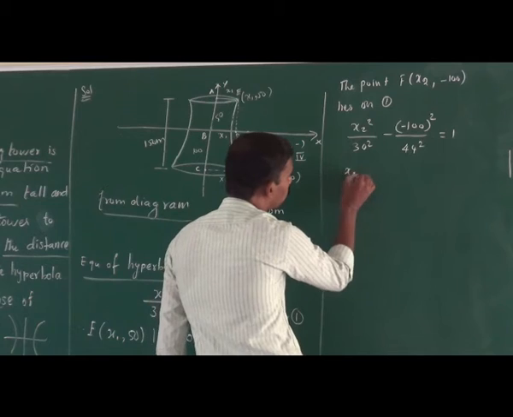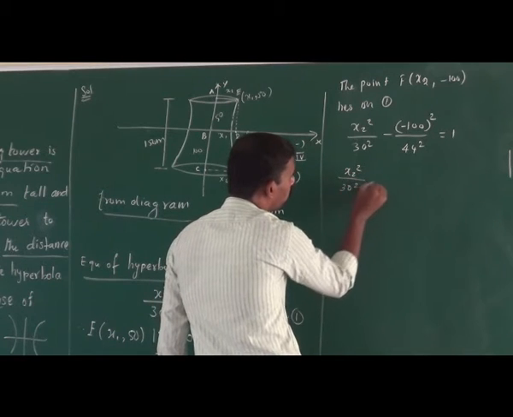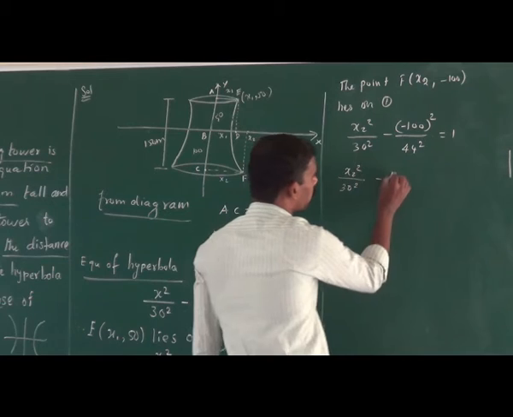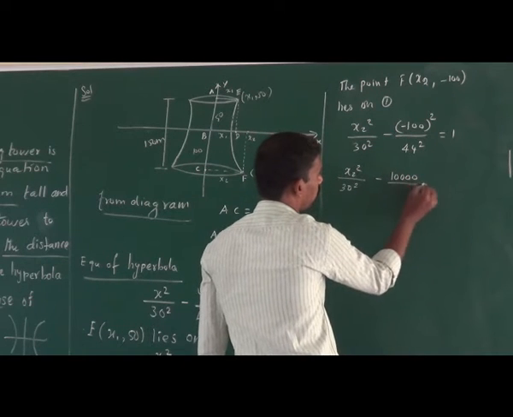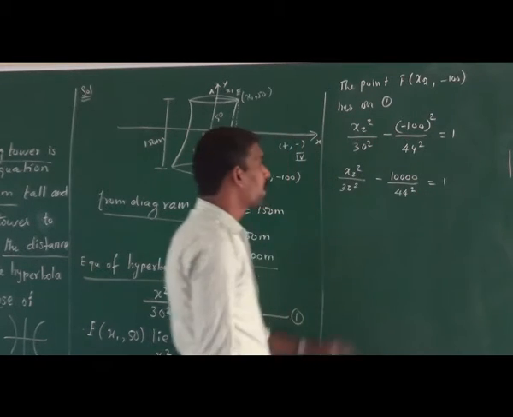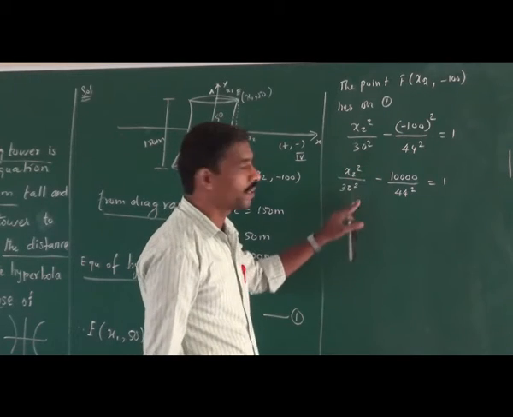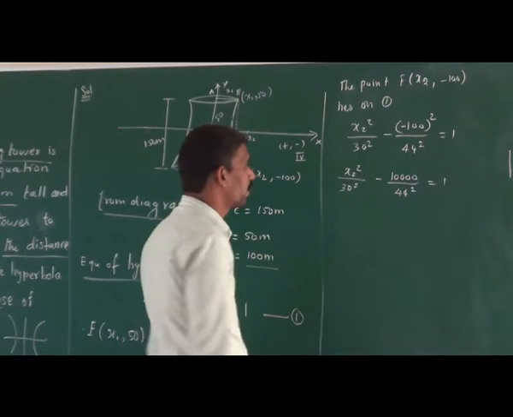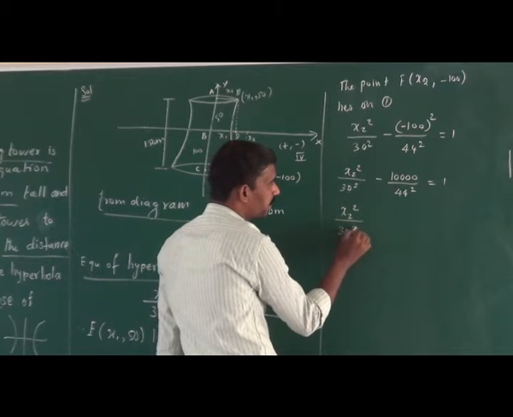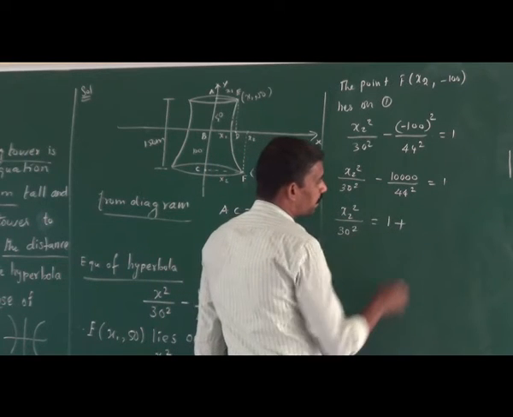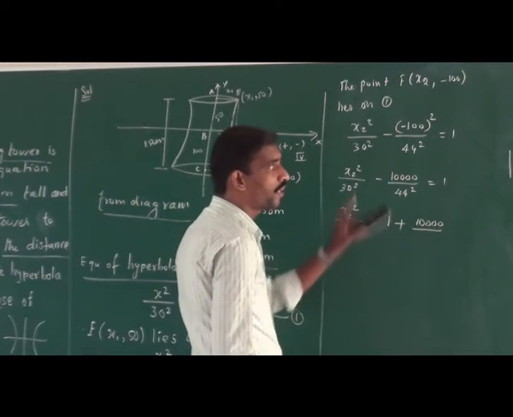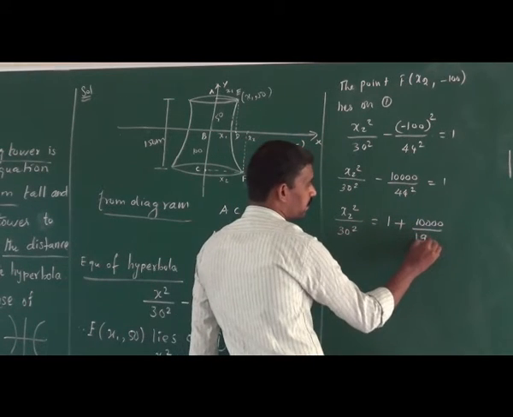Now x2 square divided by 30 square minus 100 the whole square, nothing but 10,000 divided by, you keep as it is 44 square, equals 1. Now we want to keep x2 square by 30 square on the left side, so remaining term can go to the right side. So x2 square divided by 30 square is equal to 1 plus 10,000 divided by 44 square, already found that 1936.